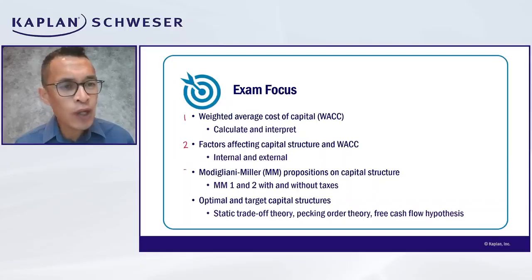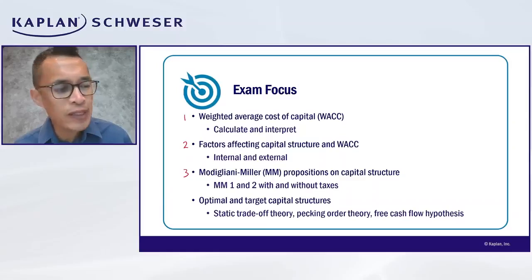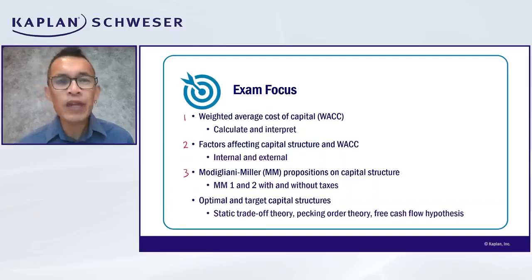The third concept here, on Modigliani-Miller or M&M propositions, makes it clear that it is actually the present value of future cash flows rather than capital structure that largely determines the firm's value.